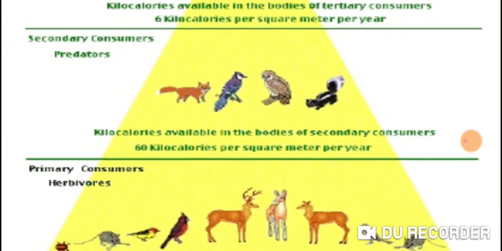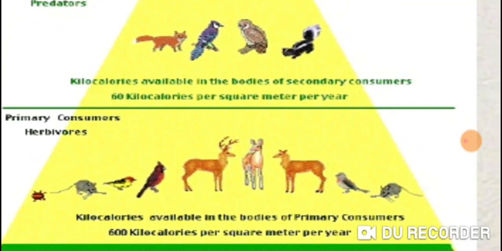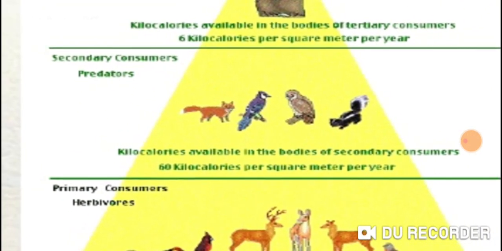So how much was the weight of organisms in the herbivores category? How is it reduced and how much is it in the secondary consumers category?